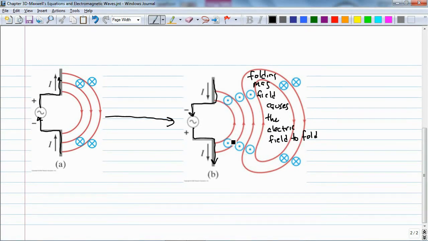And this process continues to happen where you have these packets of electromagnetic energy that are self-sustaining.